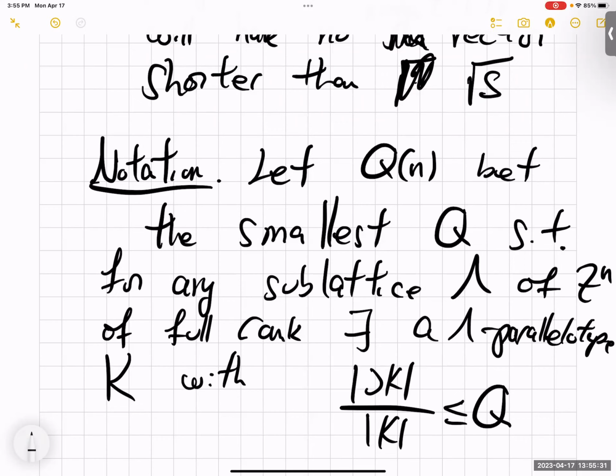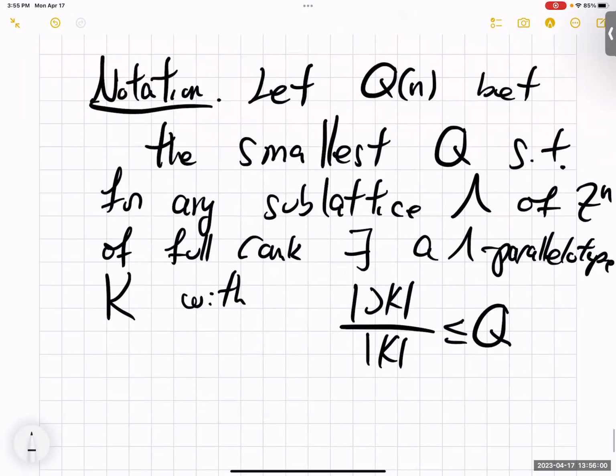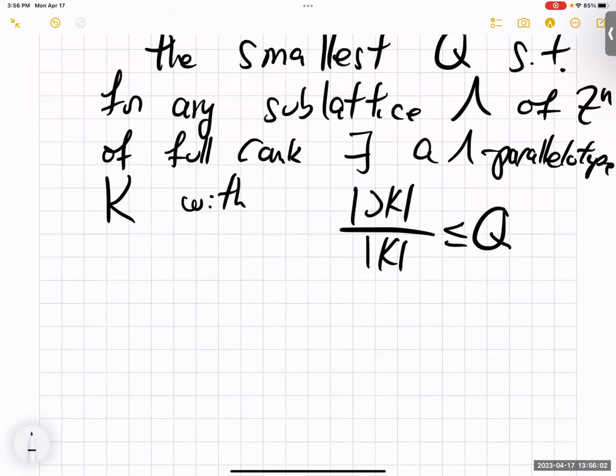So this is something a little funny. The minute we generalize the theorem we want to prove to general sublattices of Z to the n, their parallelotopes no longer have unit volume. So we have to normalize somehow by the volume, but we normalize by the incorrect power of the volume, and we don't make it homogeneous or scale invariant. We divide by the volume of K, not the volume of K to the power n minus 1 over n. The reason is that this ratio tensorizes.